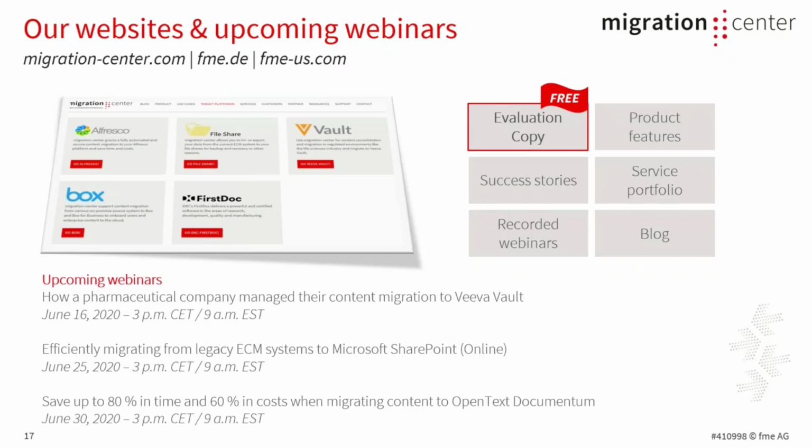The last webinar of the series, focused on OpenText Documentum, will take place on June 30th this year. If you want to register for those webinars, just go to our website, migration-center.com, which I have placed in the chat right now. We have a pretty prominent news section there right beneath the header, and there you find the possibility to register.